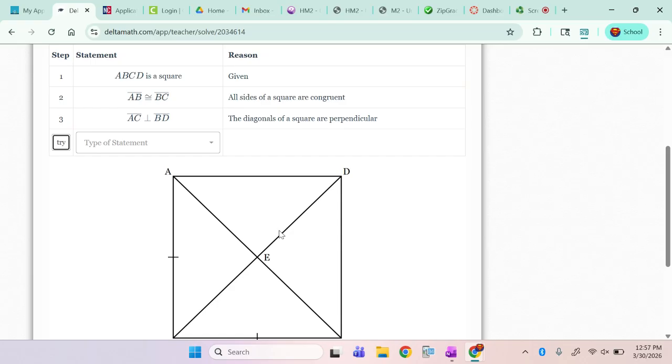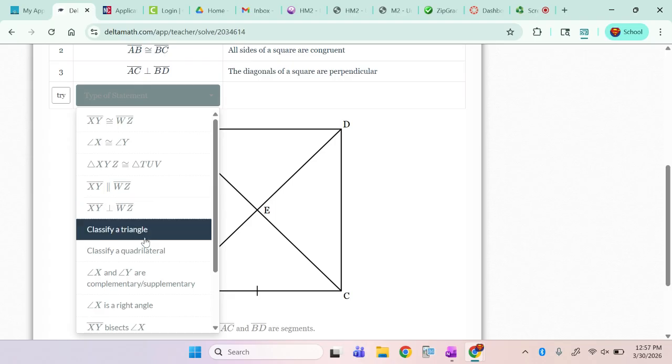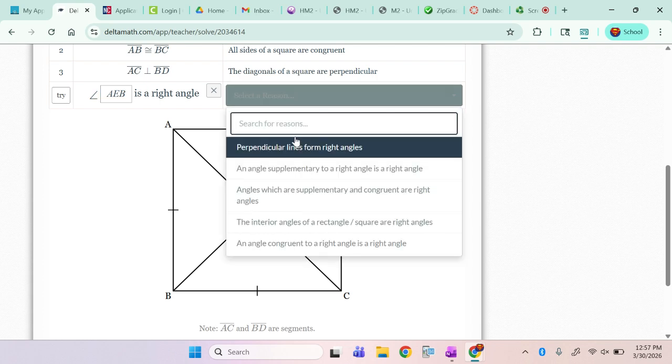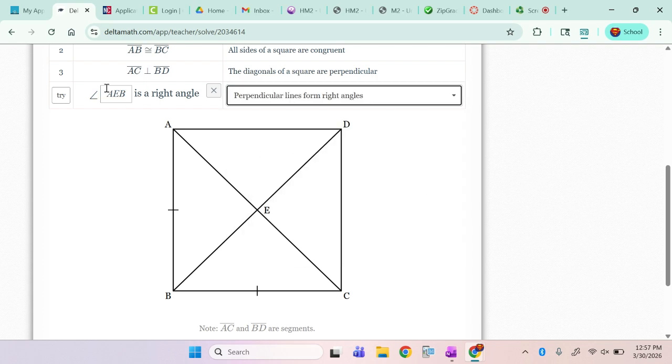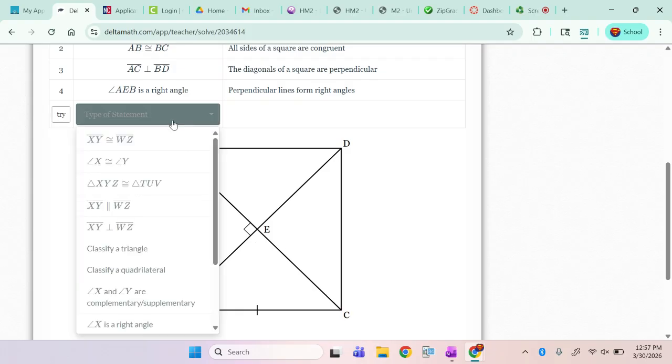All right. Now we can say that these two angles are right angles. So I'm going to say angle AEB is a right angle. Why? Because perpendicular lines form right angles. I'm going to say the same thing for CEB.